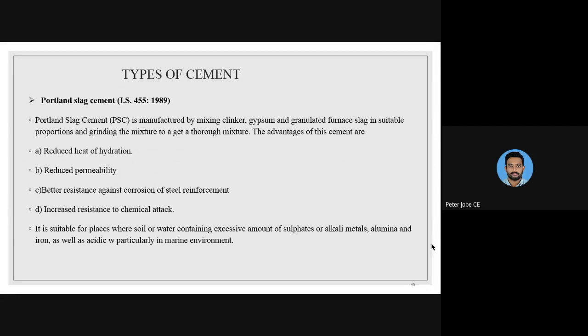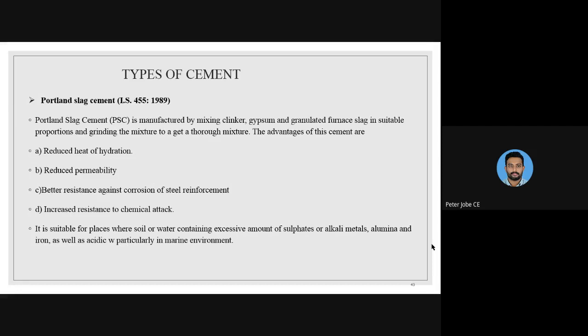Still, we can find Portland slag cement even in our local cement stores. If we ask them for Portland slag cement, they will give it to us. But it is not common for construction activities in our place. For some engineered or designed construction activities, they will use Portland slag cement because they know how to work with it.